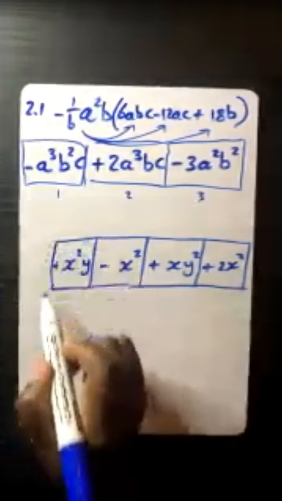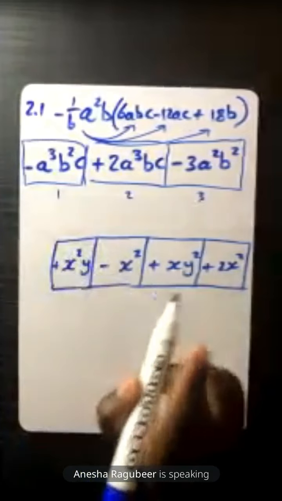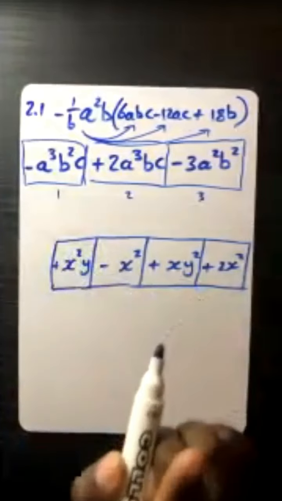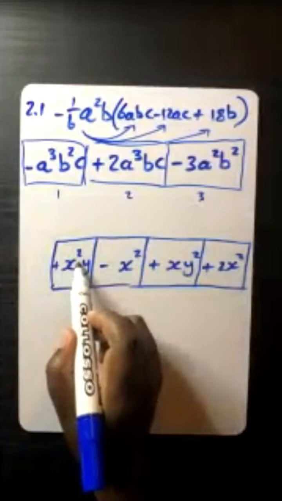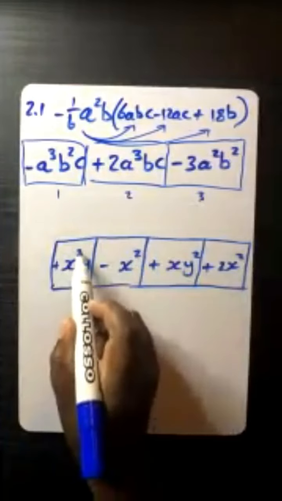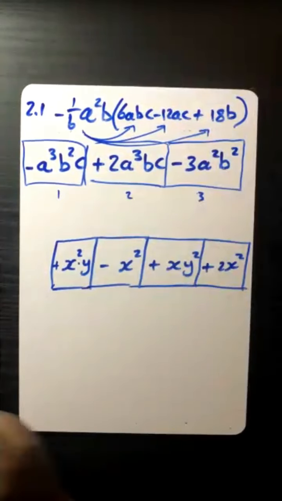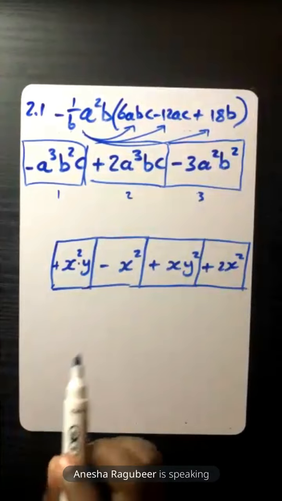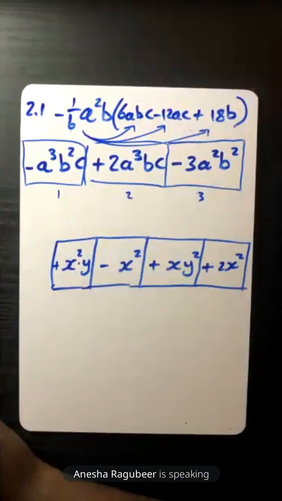Yes, sir. So the whole of this is a term. When you look for like terms, you must look for another term which has x squared times y, not only x squared. Yes, sir. So my question to you, do you see a term that has x squared times y?